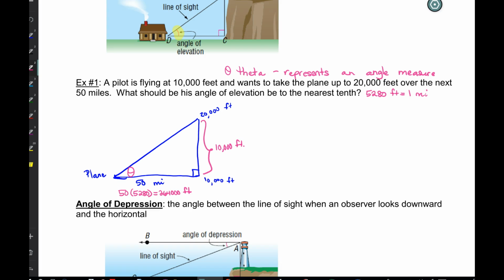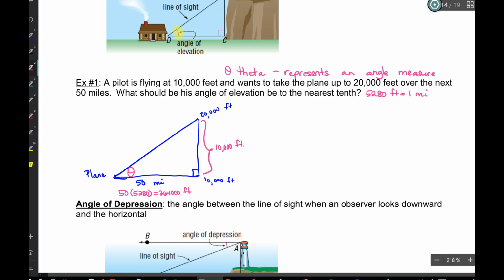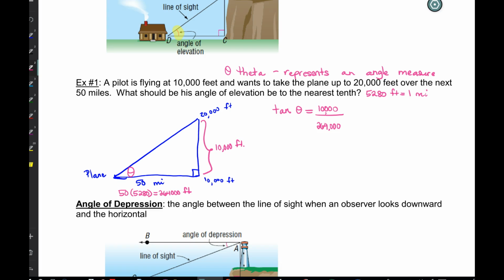So technically, I could use any one of the three, but because I have the opposite and adjacent, I'm going to use tangent. So I'm going to write tangent of theta equals, what do we put in the numerator? 10,000. And the denominator, 264,000.